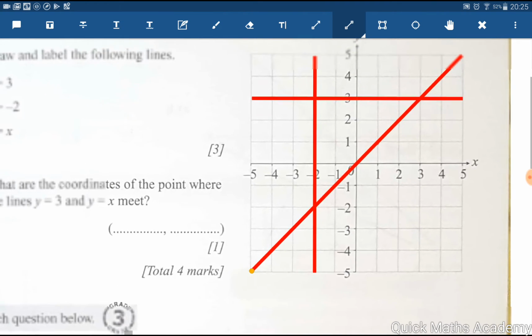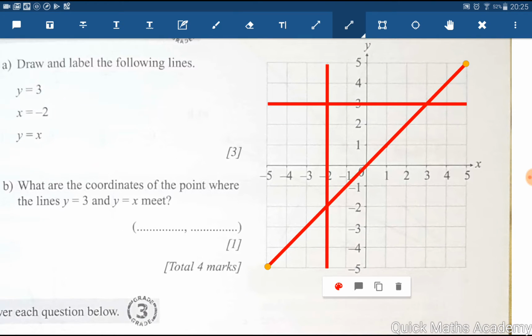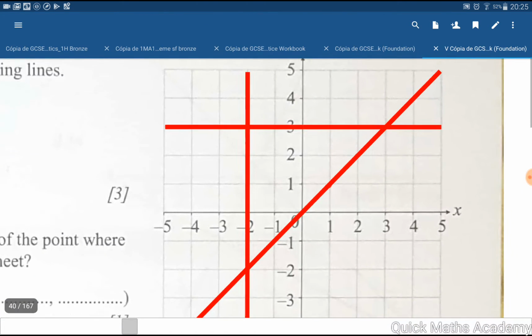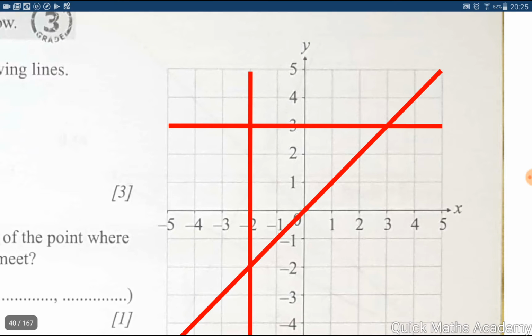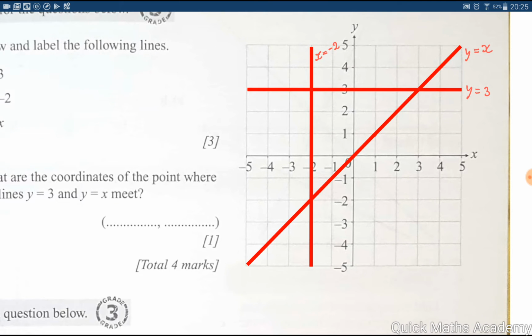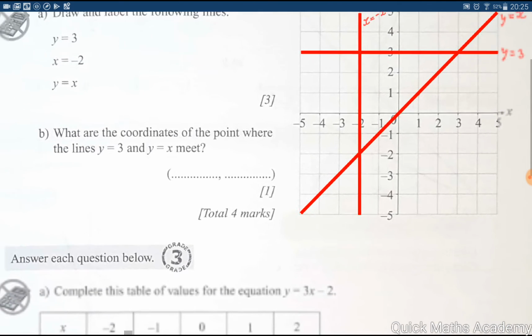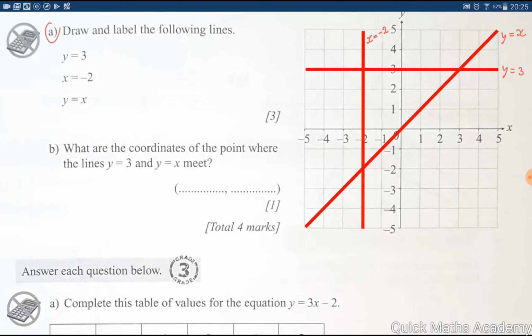So this is my line x equals -2. This is my line y equals 3, and this is my line y equals x. Okay, so we are done for the A.